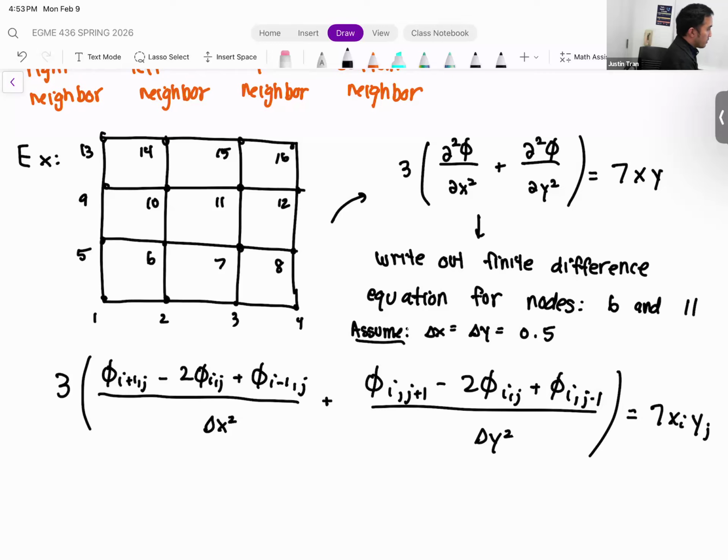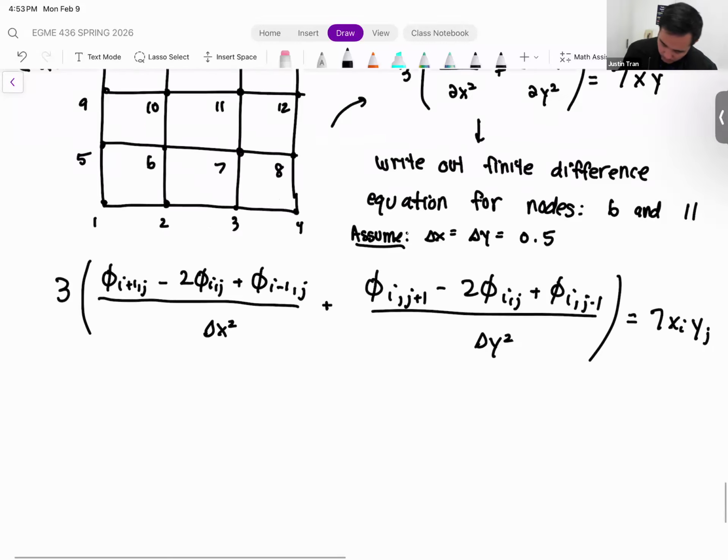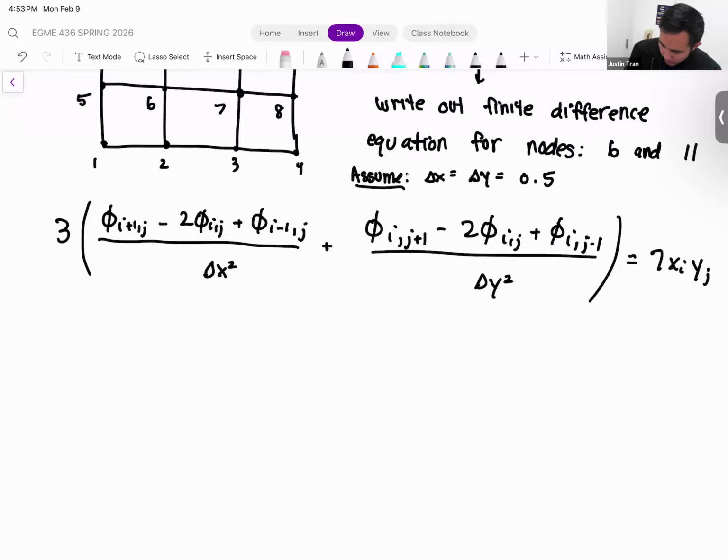All right, so let's simplify this. Before we start plugging in node values, let's simplify all the other coefficients. First thing I'm going to do is take that 3 and divide both sides by it. Then let's plug in for delta x, delta y. Delta x squared, 0.5 squared, is going to be 0.25, and that's the same for delta y squared. 0.25 is the same as 1/4.